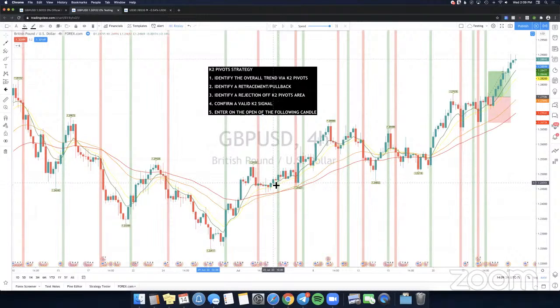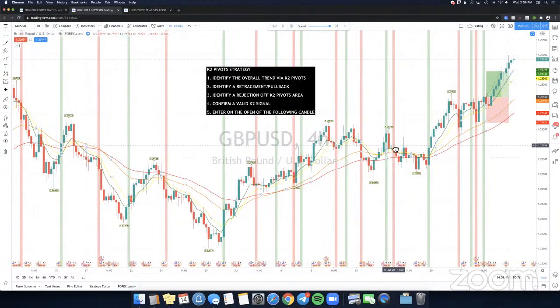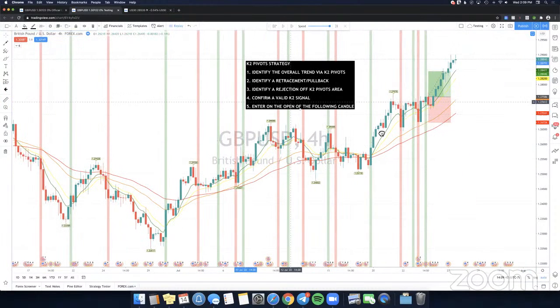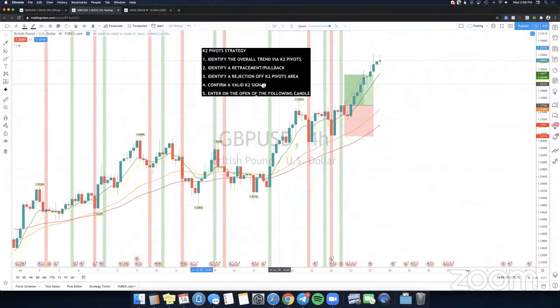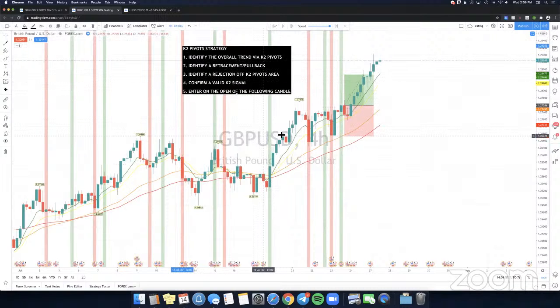Same right here, price is above the pivots, we have a buy, so we would take that. And then same situation over here as well. Price is above the pivots, we would take the buy. So this would be two entries right here. But do you get what I'm saying, you would take it in the direction of the trend. You're not going to take a sell right here because price is trending upwards, because you obviously would have lost, since price isn't going that way.